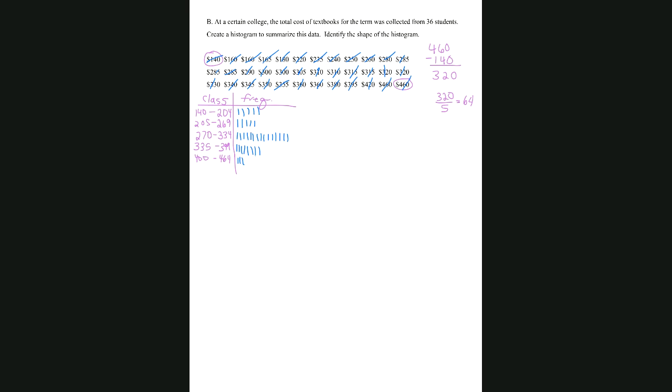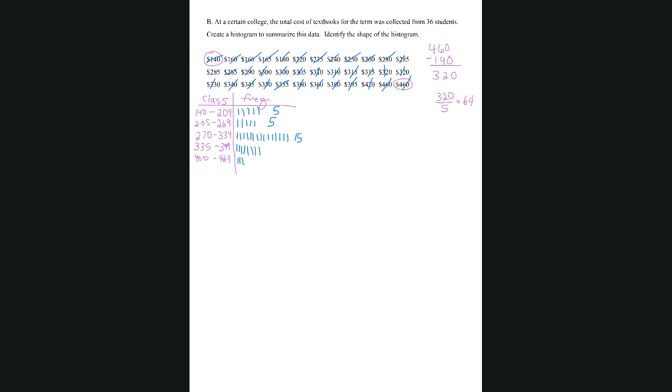And now I have my frequency table. So I have 1, 2, 3, 4, 5 values from 140 to 204. I have 1, 2, 3, 4, 5 values from 205 to 269. I have 15 values from 270 to 334.